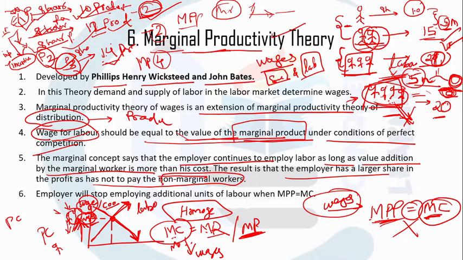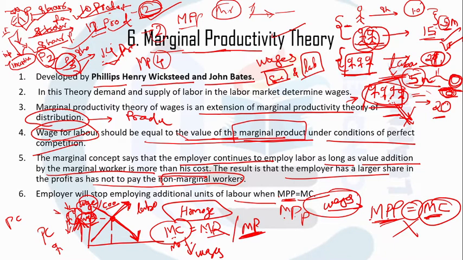The employer will stop employing the additional unit of labor when the MPP, marginal physical product, which you can also call MP, of every single employee is equal to marginal cost. Clear? So this is the marginal productivity theory, which says that the wages in the market are decided by the demand and the supply of labor in the market.